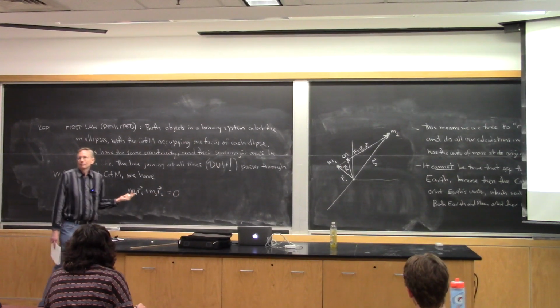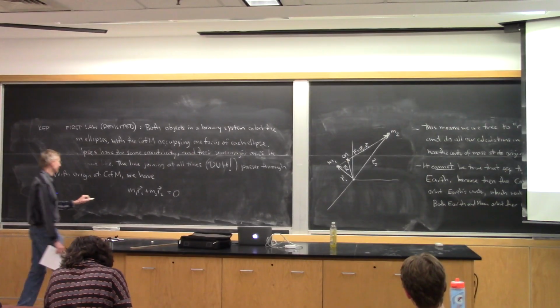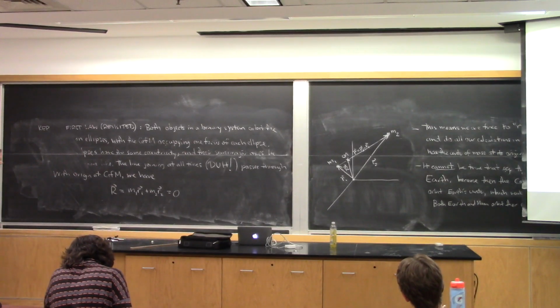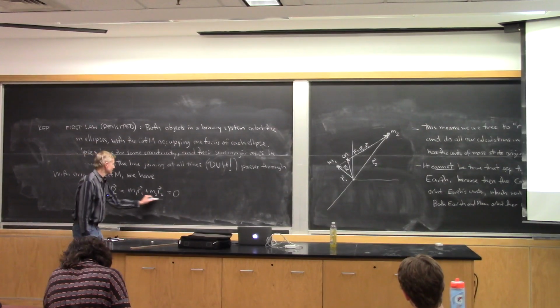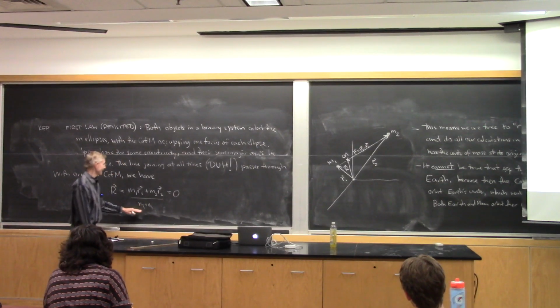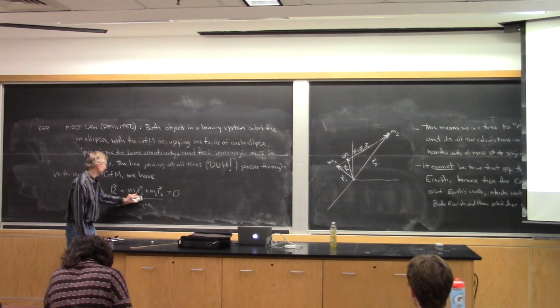In other words, m1r1 plus m2r2 will be equal to 0.